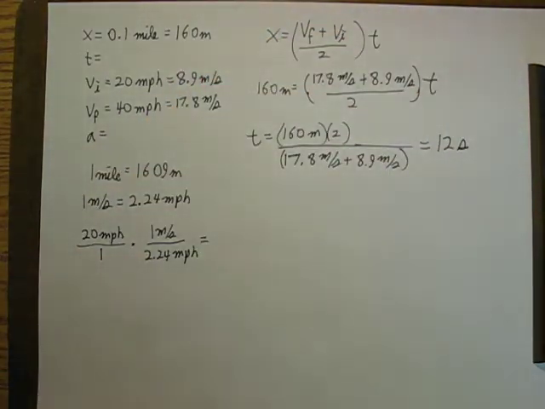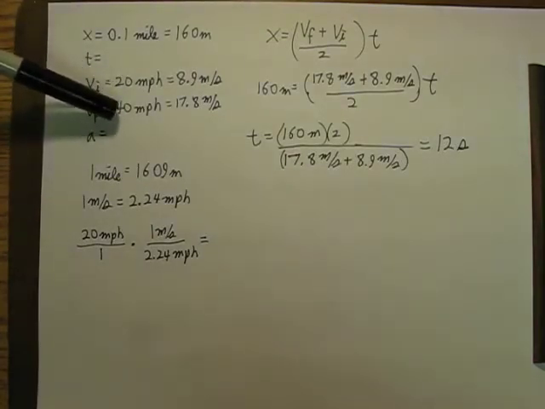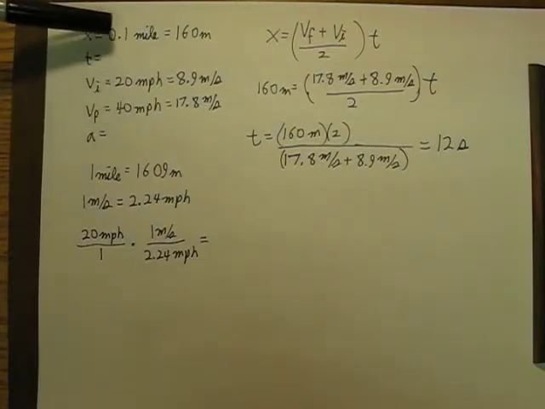So it took me 12 seconds to go from 20 miles per hour to 40 miles per hour over 1/10 of a mile.